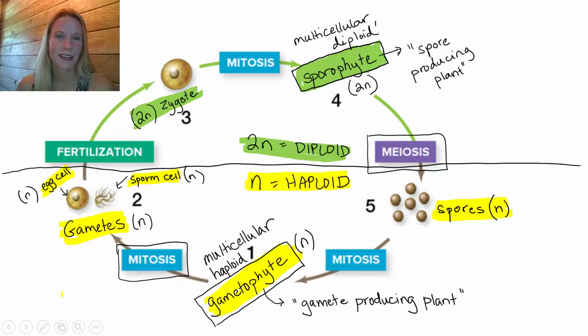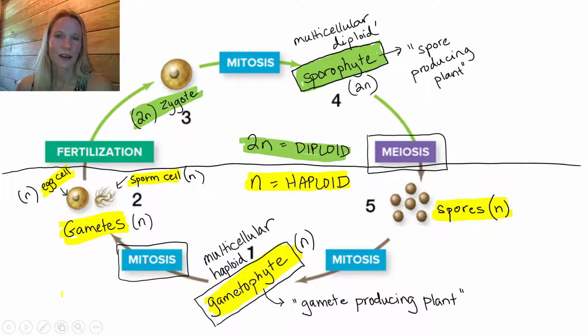Now, let's revisit the general life cycle of plants. Once again, this is a very important slide. You keep seeing it, don't you? Yeah, there's a reason for that. Know this slide. Make sure you have this slide with you when you take quizzes and exams. Very important slide. But it's also a very generalized slide.